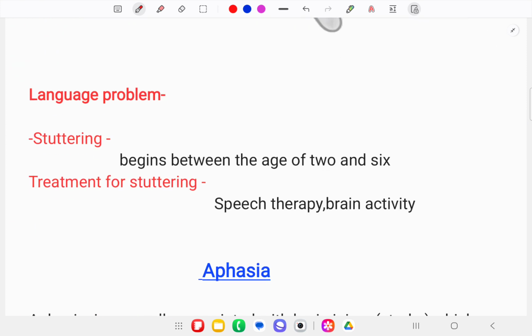Next we have language problems, meaning what kinds of problems we face during language processing.